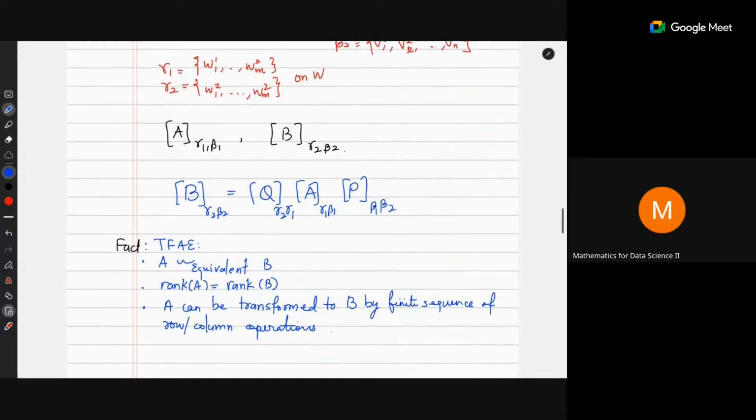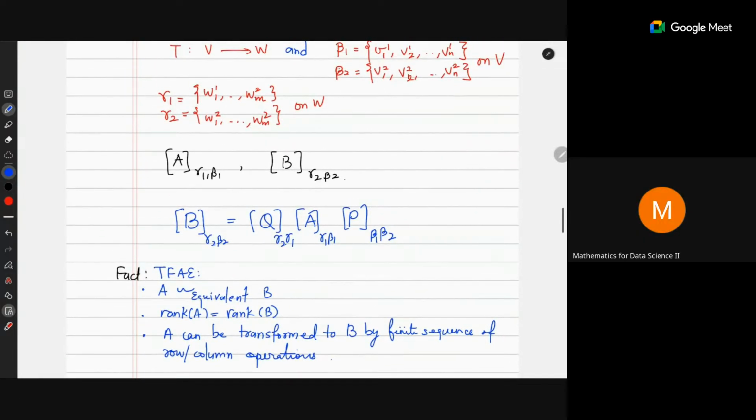No, you don't need to apply T while finding P. You just express each basis vector of beta 2 in terms of the vectors of beta 1.